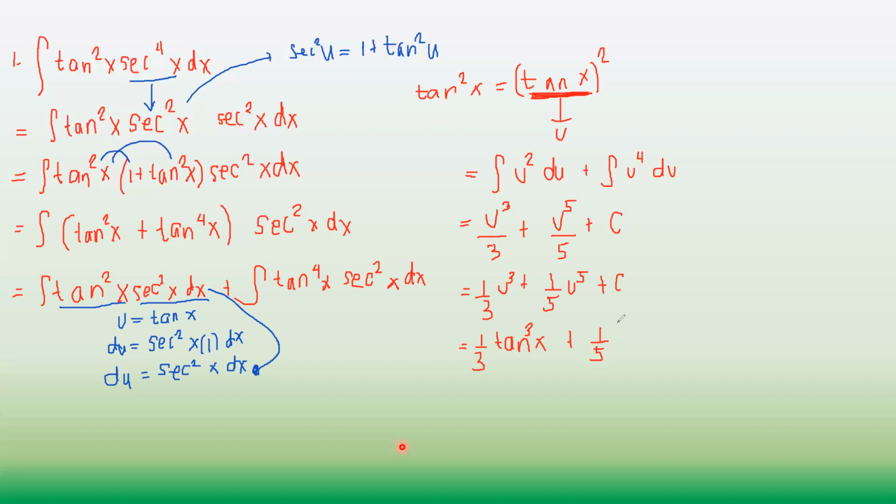So ang u again ay tangent, kaya equal sa tangent raised to 5 x plus c. So we have 1/3 tangent cube x plus 1 over 5 tangent raised to 5 x plus c. So ito yung isang case number 6 wherein n is even.